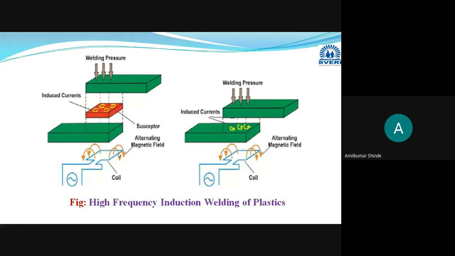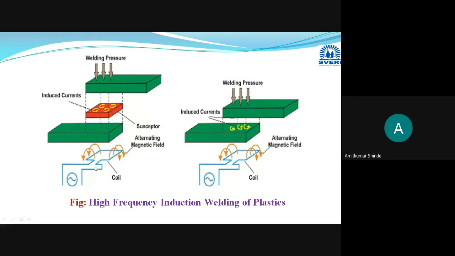Due to the resistance, the eddy currents will flow through the surface, and this metal will get heated. We are going to provide heat to this metal component or metal piece. It is also known as an insert or susceptor. It will get energized due to the eddy currents.